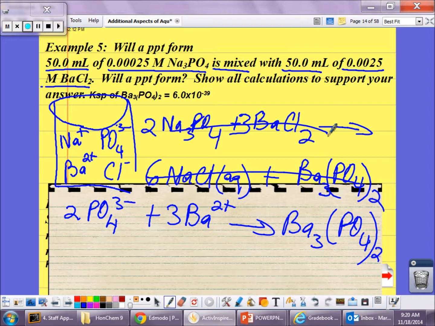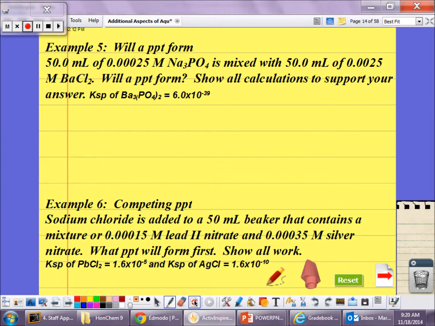Okay, let me clear everything. Let's just write out. Now, this is our precipitate. We said it is Ba3(PO4)2. Always take your insoluble salt and start with it.